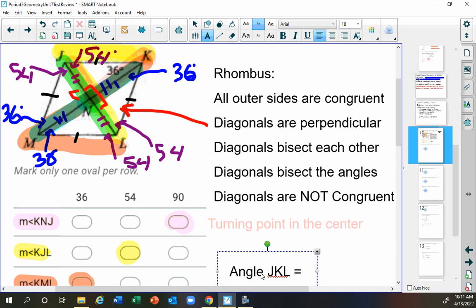Even though I see a 36, is JKL 36 degrees? You start from J. Careful. 36 plus 36. Gotta beware. Because it took the first half of that angle. Yeah. So there could be a problem like that. So beware.